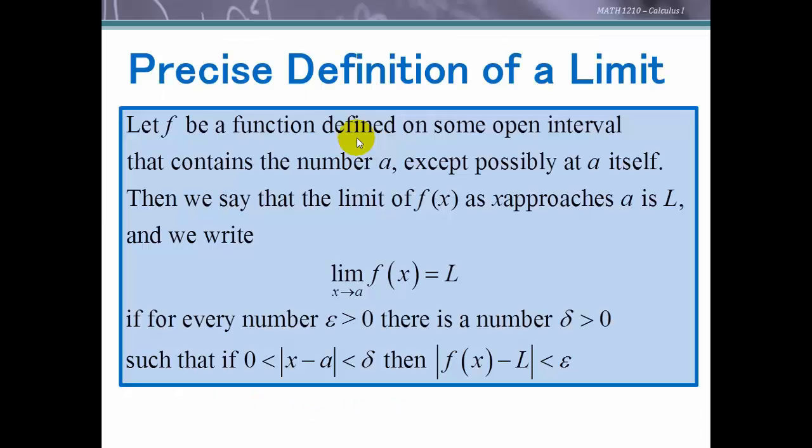Our precise definition of limit then is: let f be a function defined on some open interval that contains the number a, except possibly at a itself. Because remember, for a limit to exist it does not have to be defined right at a.